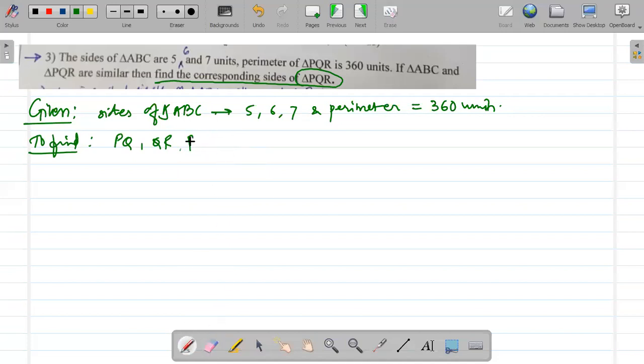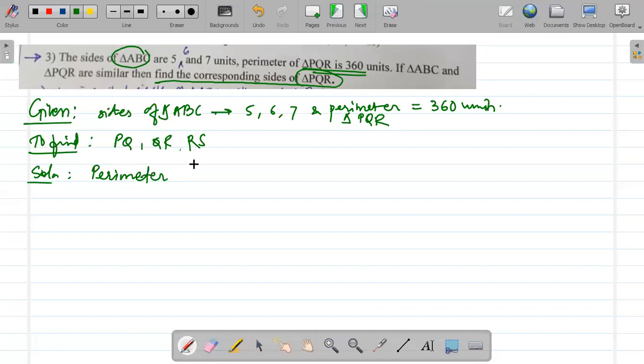We are asked to find the three sides of the other triangle. So of course the solution, we can start with finding out the perimeter of the first triangle, since we are given the perimeter of the other triangle PQR. We can always start with finding the perimeter of the triangle ABC.